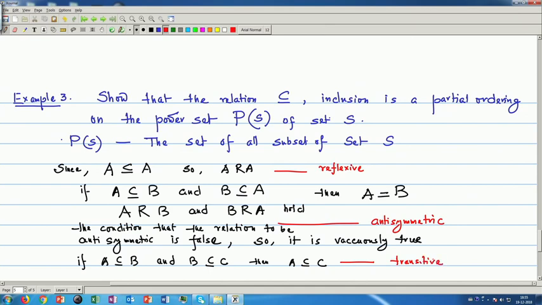So the conclusion is that the subset relation on P(S) is a partial order, this is a poset, a partial ordering.